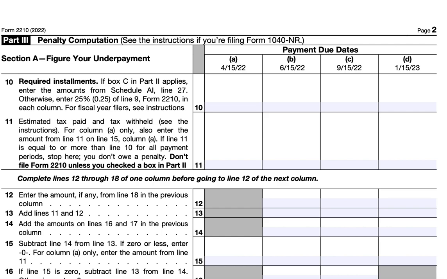So, for the 2022 tax year, we're looking at your first estimated payment being done on tax day, then June 15th, September 15th, and then January 15th of 2023. And for column 11, you're going to enter on line 11 the payments that you made during those time periods.